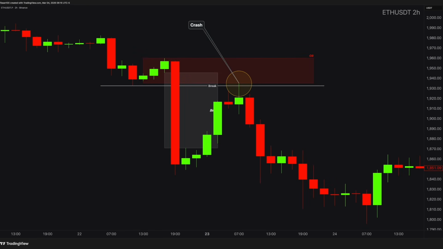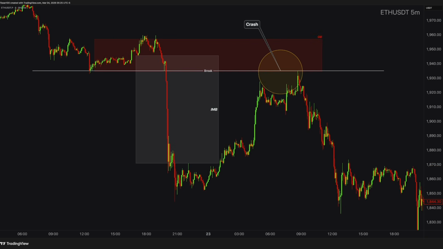For example, let's take a look at this crash area with the supply order block combined with an imbalance and the inner break. Like I said, there's no guaranteed rule out there that says supply and demand order blocks will always hold. As you can see, price in this case could easily rally higher to take out offers without any hesitation.